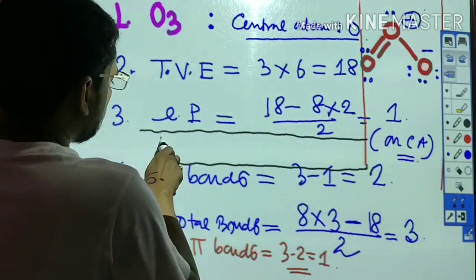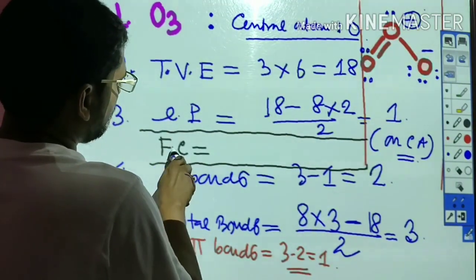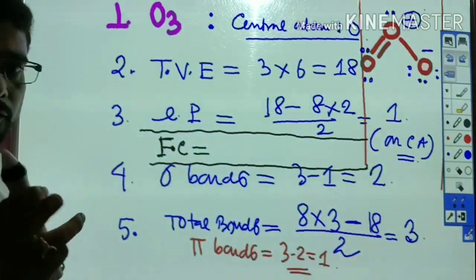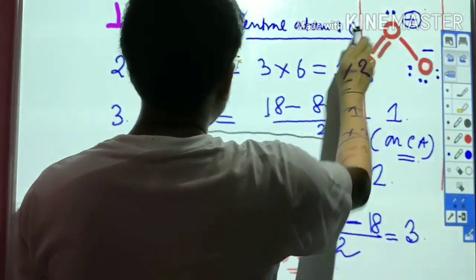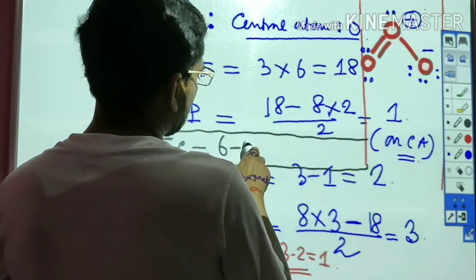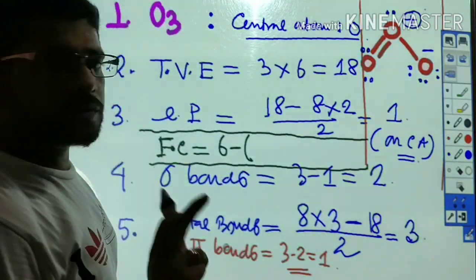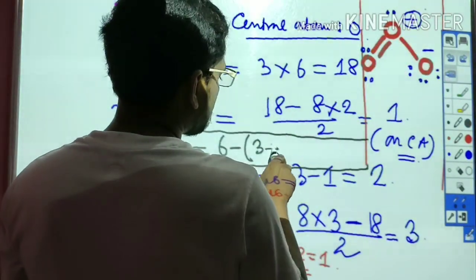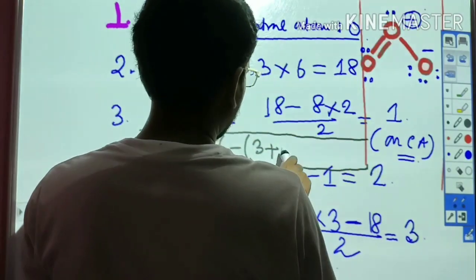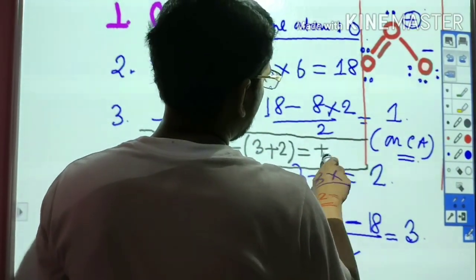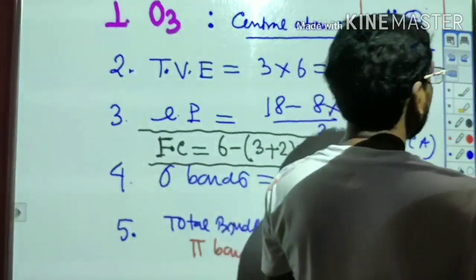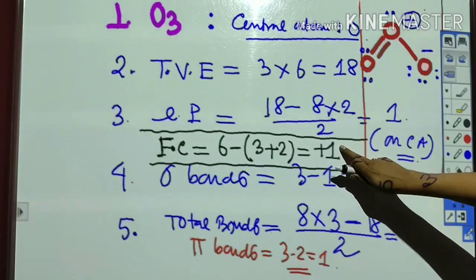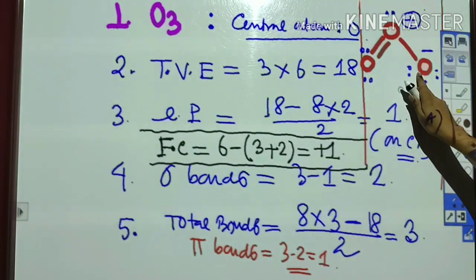What is the formula for formal charge? Formal charge equals valence electron, this oxygen has valence electron 6, minus number of bonds 3, sigma plus pi, 1, 2, 3, plus lone pair of electron 1, 2. Done. So this oxygen will have formal charge +1.